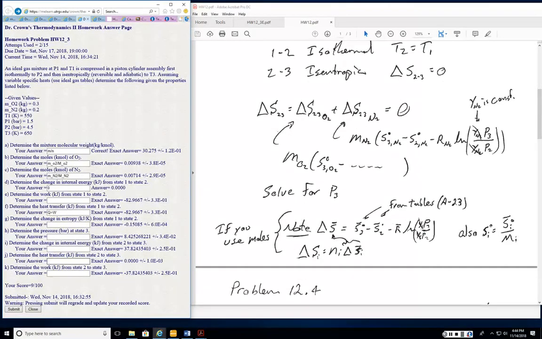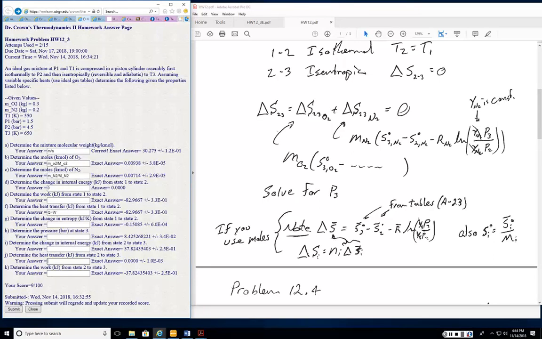If you wanted, you can do it with per mole basis. If you're using the tables, remember that S bar is given, and so to use S naught in this equation, if we're doing it based on mass, you need to divide S naught by the molecular weight for nitrogen for these terms, and then divide by the molecular weight for oxygen for these terms.